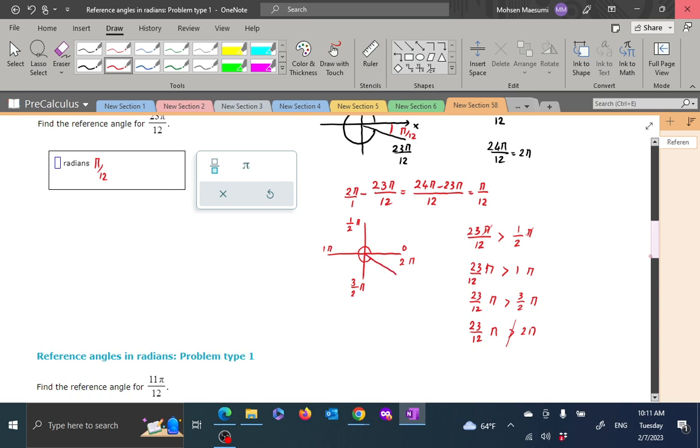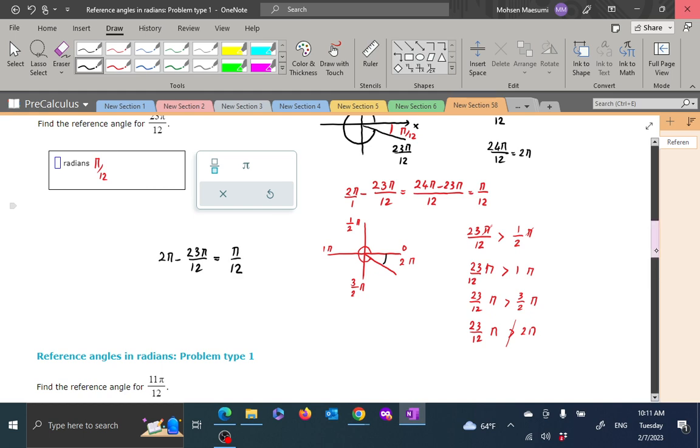So we are in the fourth quadrant. We haven't made a full circle yet, so whatever is left is going to be our reference angle. Again, what we do is 2 pi minus the given angle 23 pi over 12, and out of that we got pi over 12.